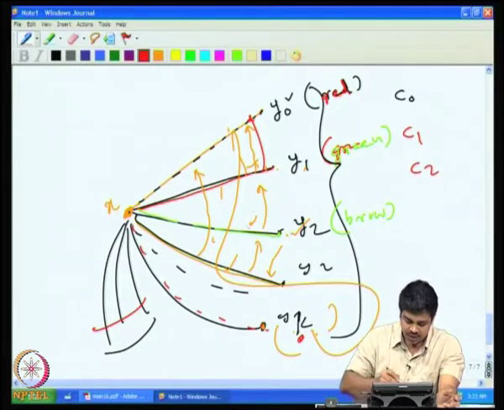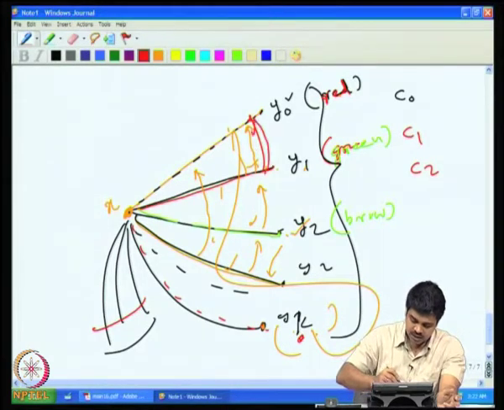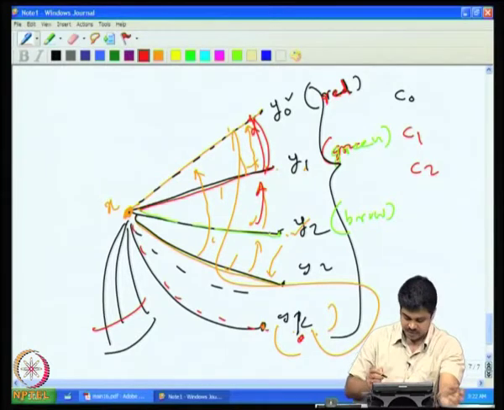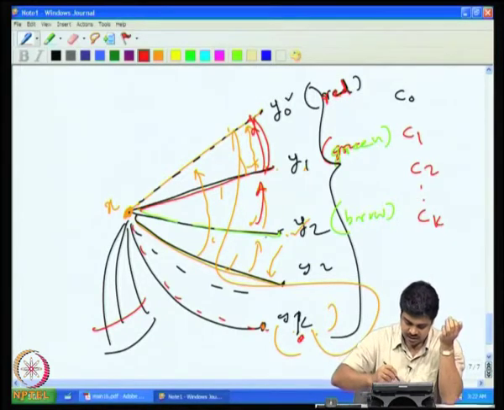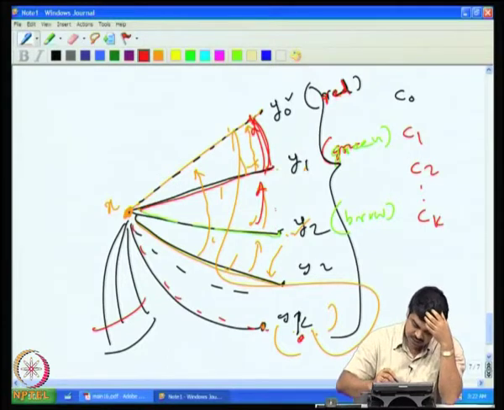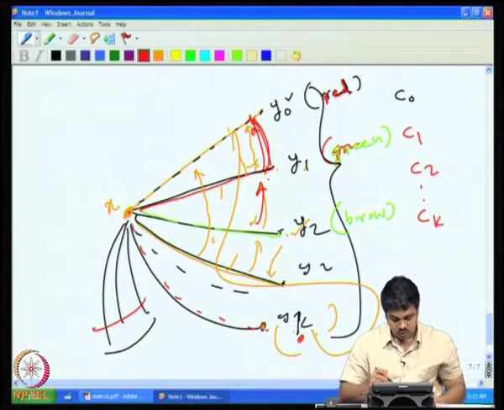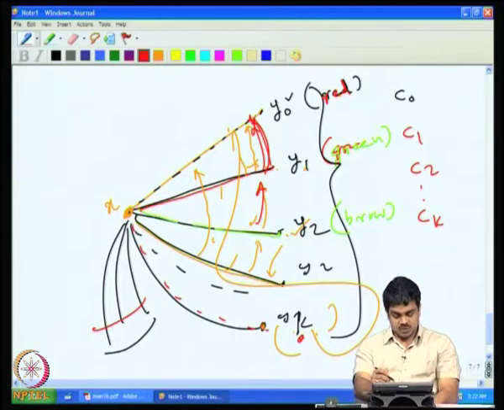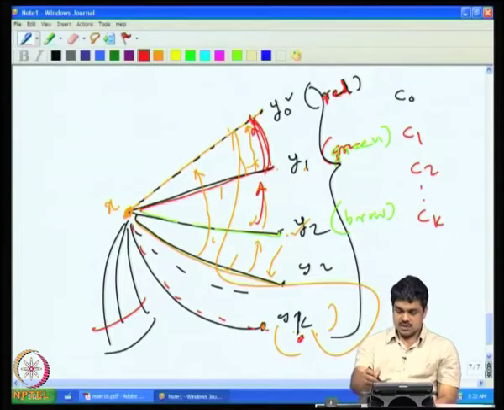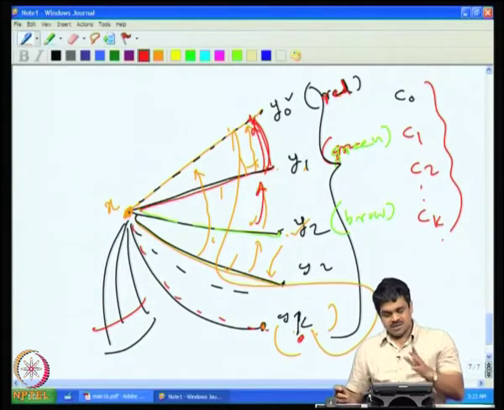C2 is obtained by rotating 2 times, this will go here and this will go here and this will become empty, that means colorless. Similarly, Ck is a coloring obtained by rotating it k times, that means xy1's color goes to xy0, xy2's color goes to xy1 and so on, xyk's color goes to xy(k-1), and xyk becomes empty. This is a derived coloring obtained by rotating.